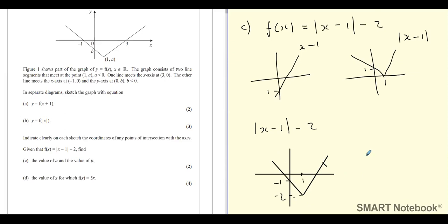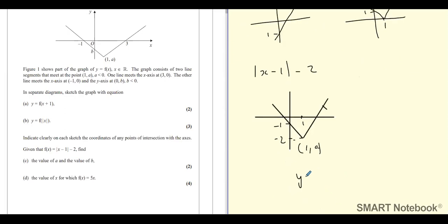So now we know that if we have one coordinate A, your y is minus 2 at A, so therefore A equals minus 2, and your B is going to equal minus 1 because that's the y-intercept.